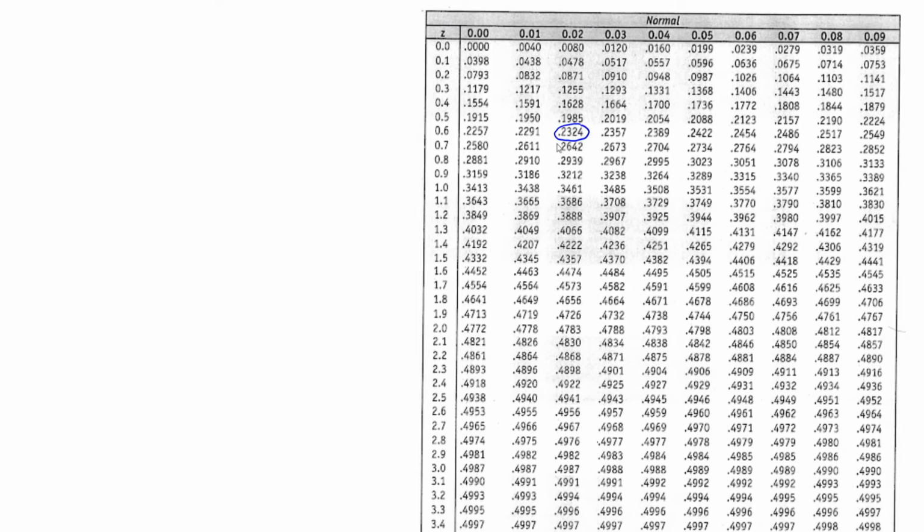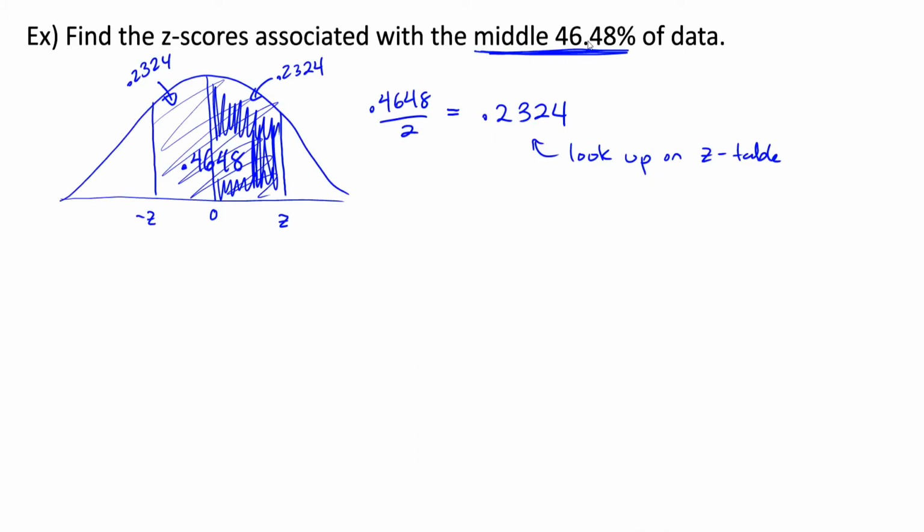And 0.2324 falls here, so we have 0.62. So that's our positive z is going to be equal to 0.62, and our other z, keep in mind we do have a negative z-score, that's going to be equal to negative 0.62, again because the curve is completely symmetrical.